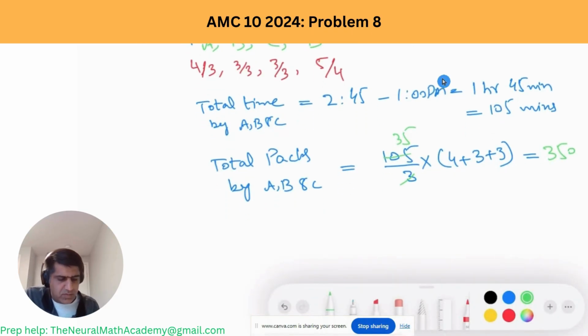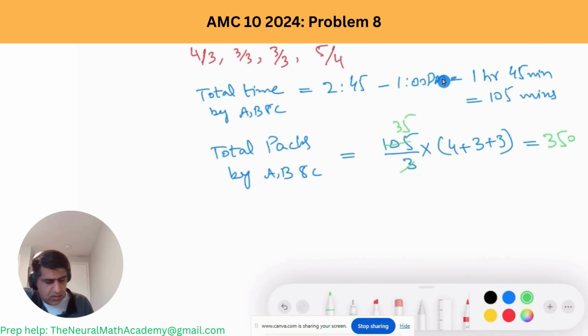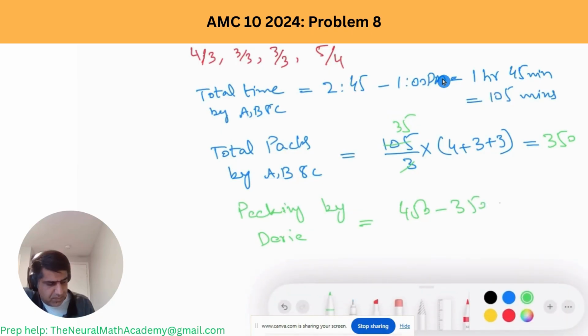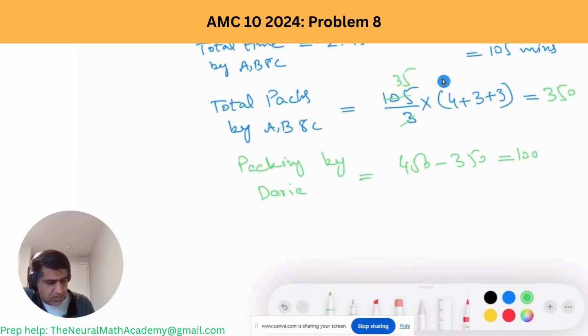So they packed 350 packages. Then the number of packages that Daria packed is equal to 450 minus 350, and that is equal to 100.